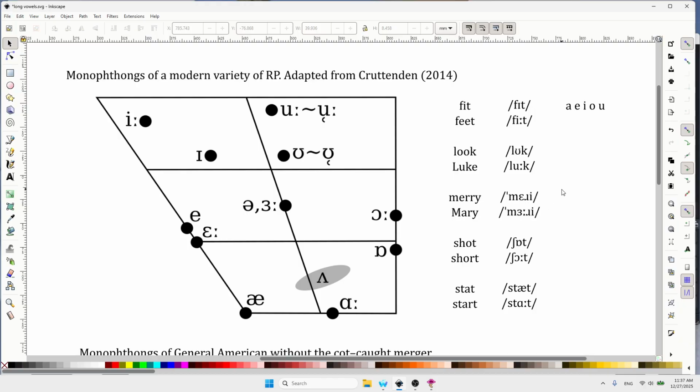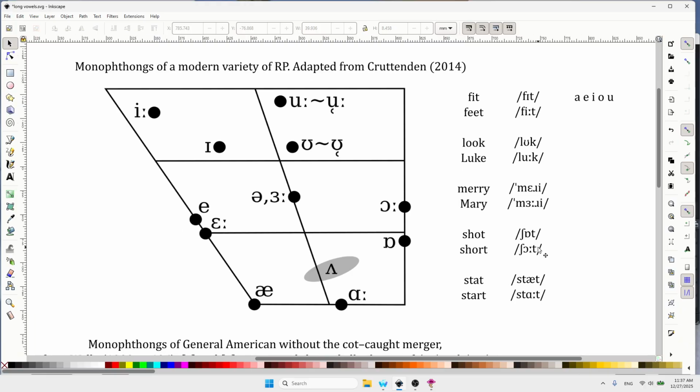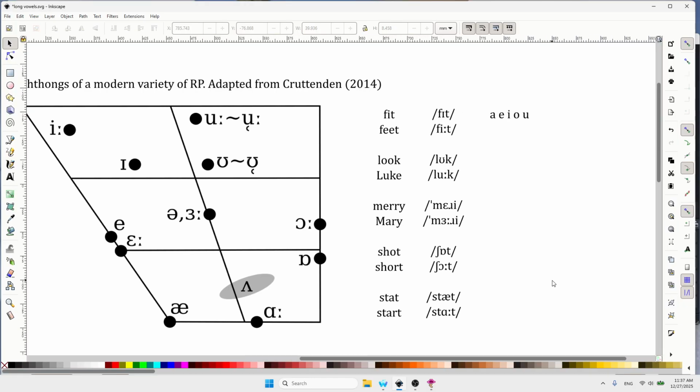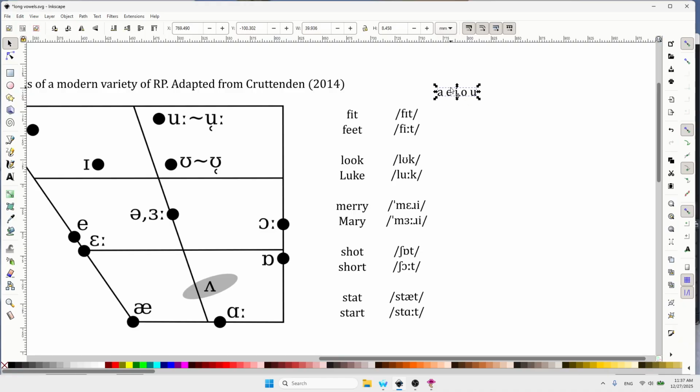But in this specific dialect of British English, it's Mary versus Mary, and the long one is like the name, and the short one is like happy. And then here we have short versus short, and we have stat versus start. And I probably pronounced those pretty badly, but I'm going to show you.